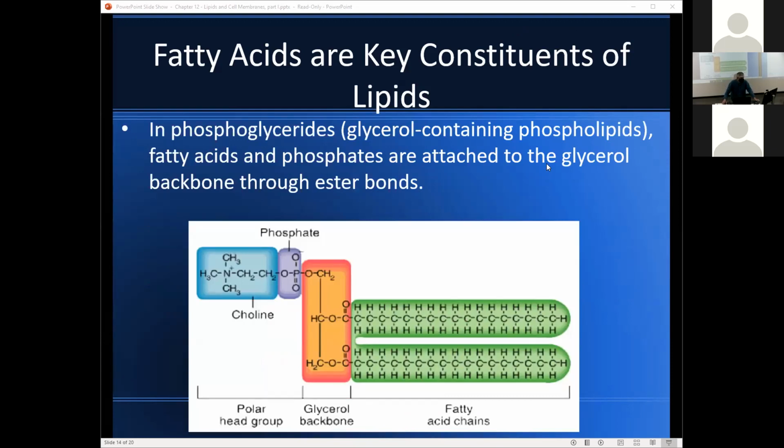Okay, in phosphoglycerides or glycerol containing phospholipids, fatty acids and phosphates are attached to the glycerol backbone through ester bonds. So this example that we were looking at on the last slide as well, this is a phosphoglyceride. So in a phosphoglyceride, the backbone is always going to be glycerol.